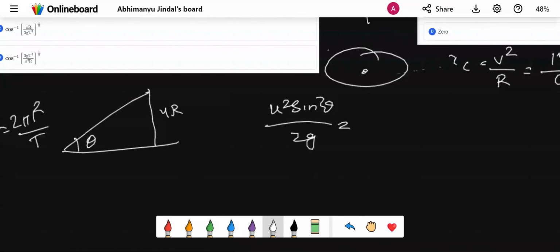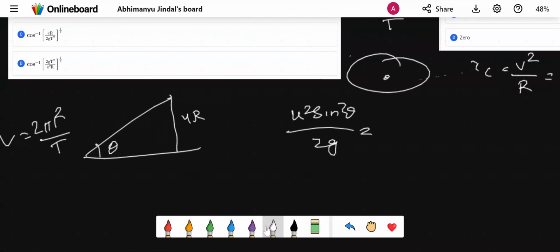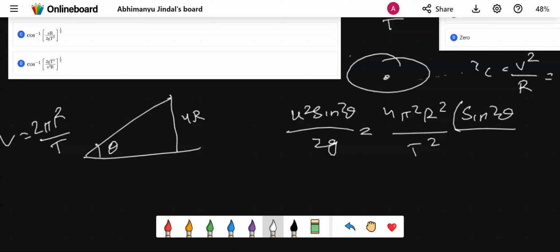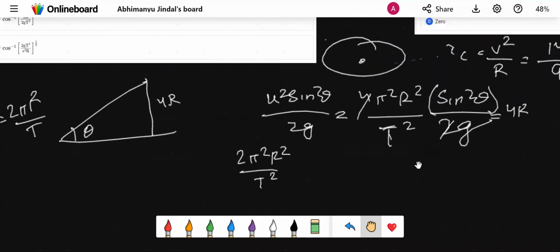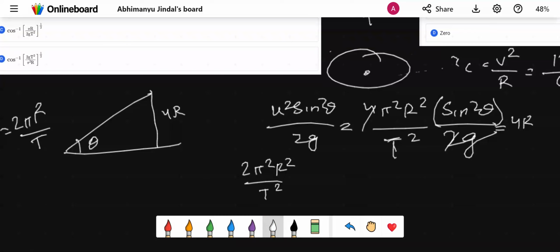Now u square is 4 pi square r square by t square, into sine square theta, divided by 2g. Now I can say that this equals 4r, and here it was 2, so 2 pi square r square by t square sine square theta by g equals 4r.